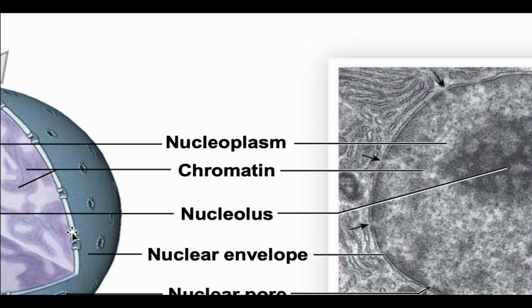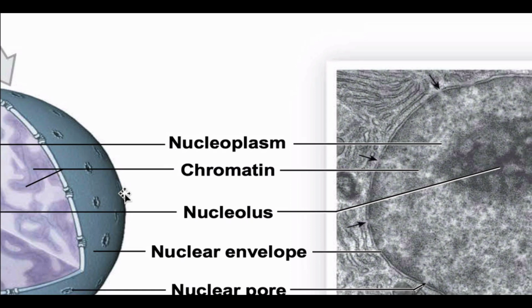And over here you can see another one, another one over there. Remember, this is a cross section, so what you're looking at here are these nuclear pores. They allow things to move in and out, a passageway between the cells.